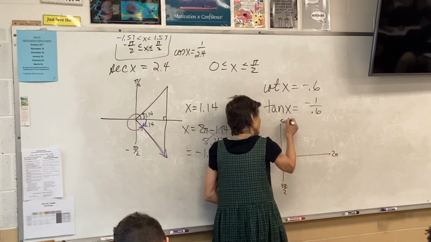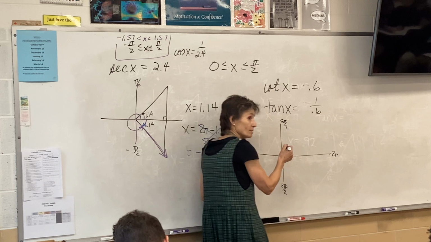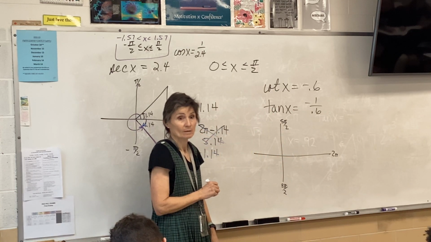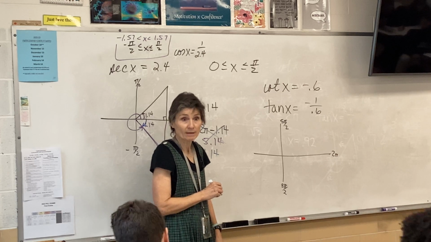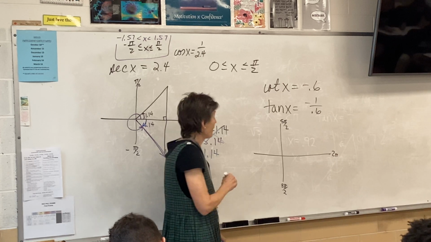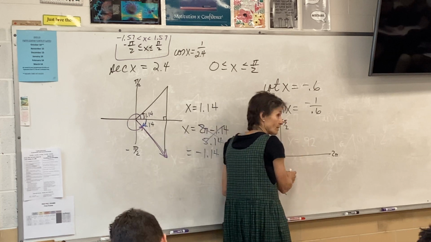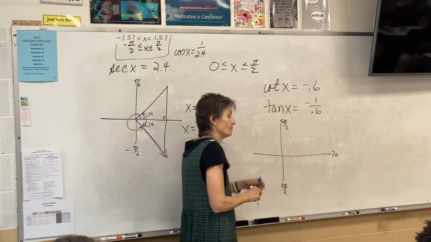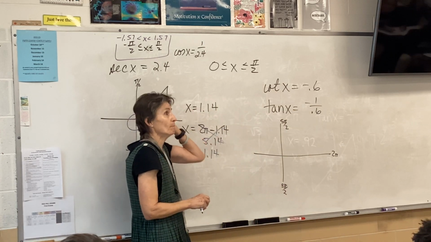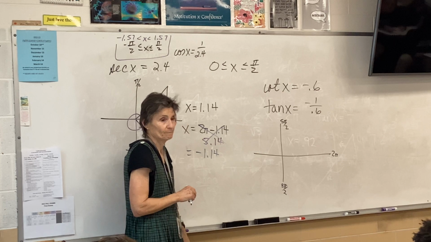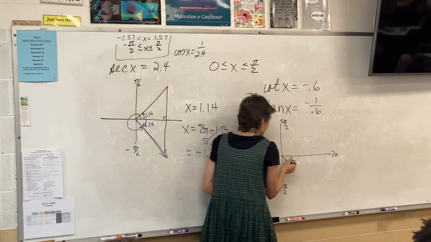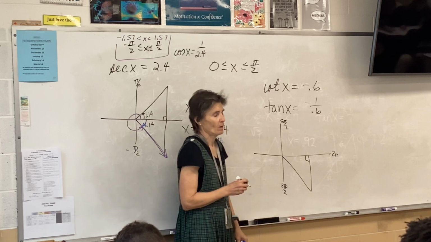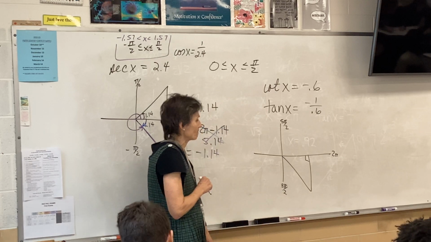Is this 5 pi over 2? All the way around and another piece? 2.5 pi, in other words. So I'm somewhere here or here, and the tangent is negative. So could it be both places, or is it just one of those? It's just quadrant 4. Because, guys, if you're in quadrant 1, is anything negative? No. So that one's out automatically.